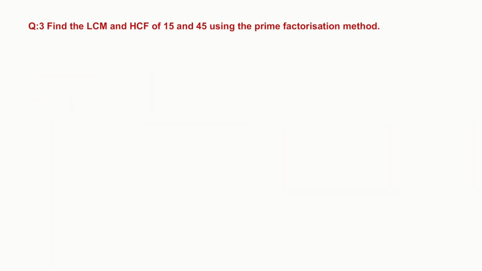So here we have our next example. Find the LCM and HCF of 15 and 45 using the prime factorization method. So the prime factors for 15 are 3 times 5 and the prime factors for 45 are 3 times 3 times 5.